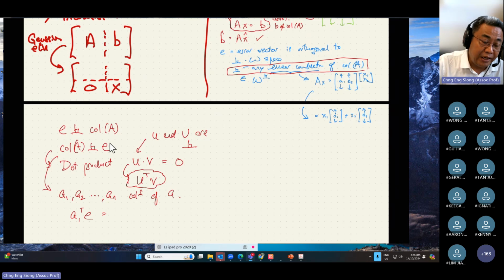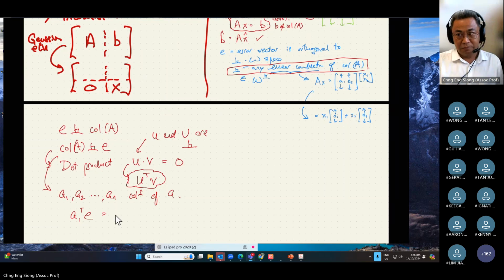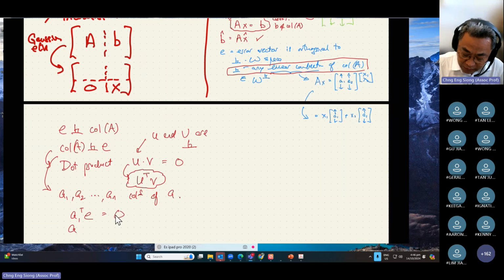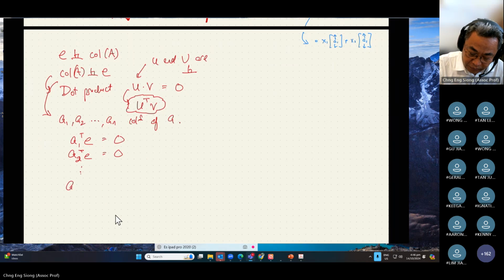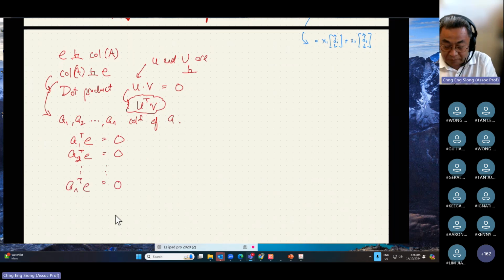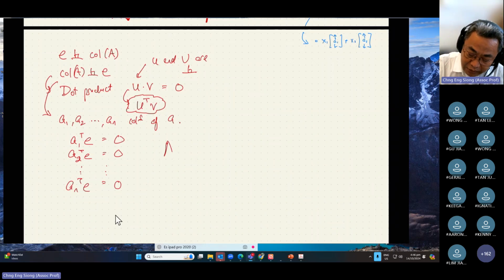I'm going to use the first column and test against E. What's my answer? Excellent. And of course, I can write the second one, which is also 0, and I can write until AN. So what have I just written? I have just written A transpose E equals 0.